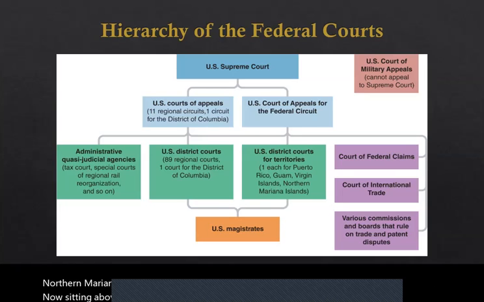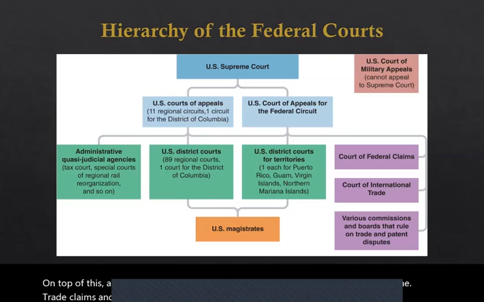There's 11 regional circuits and 1 circuit for the District of Columbia. So Washington, D.C. has its own Court of Appeals. On top of this, you have the Federal Circuit, which deals with the trade claims and the federal claims.